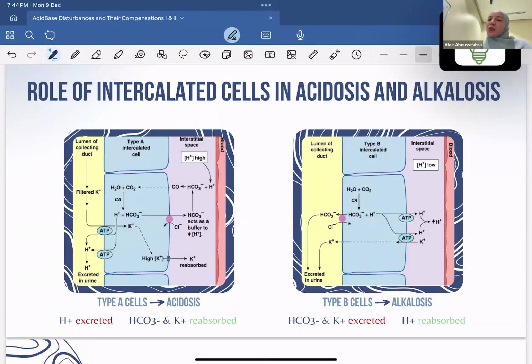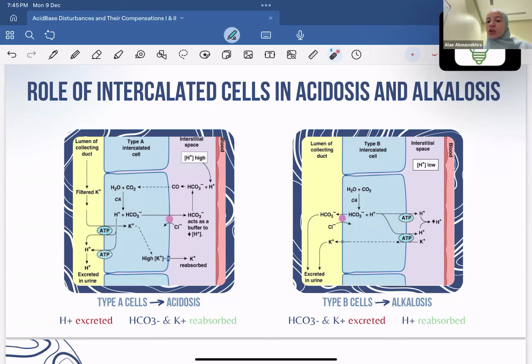So type A cells are important for acidosis. Why? Because they excrete hydrogen. Obviously, if we have acidosis, we have increased acid in the blood, so they want to excrete the hydrogen to maintain the neutrality.